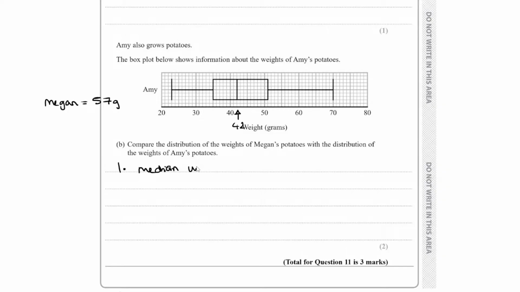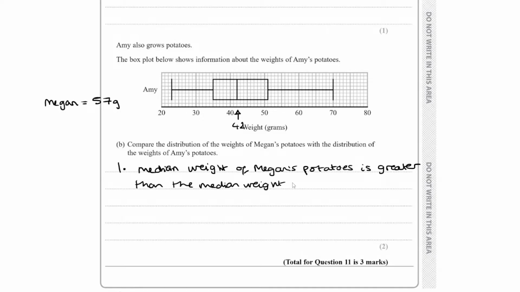So I'd say the median weight of Megan's potato, so you see how I'm relating it to the context, is greater or bigger or higher or whatever. If you want to put it the other way around, you can, than the median weight, what was it, of Amy's potatoes. That's 1 mark.